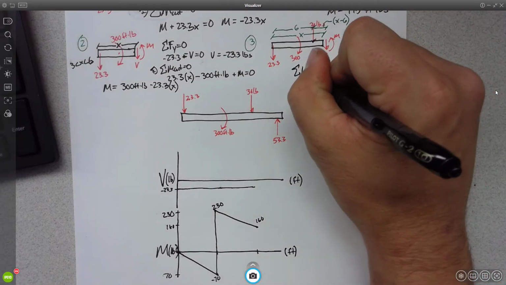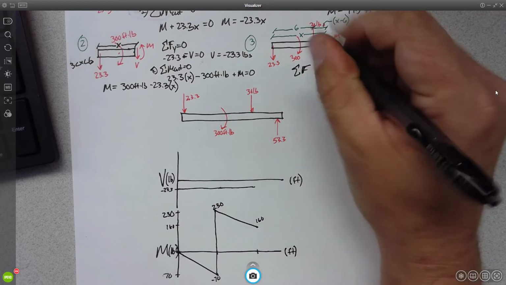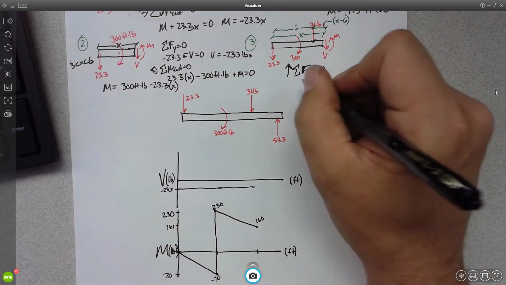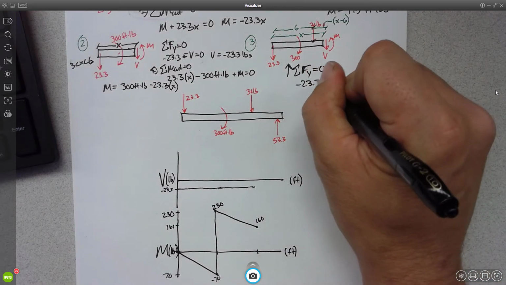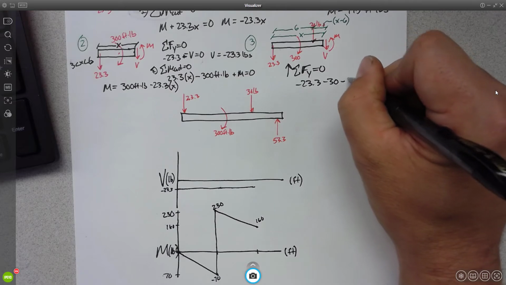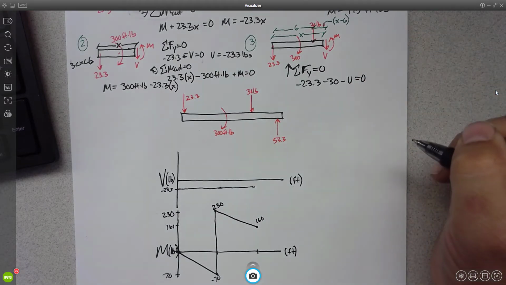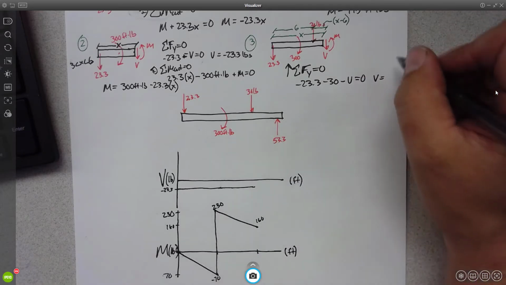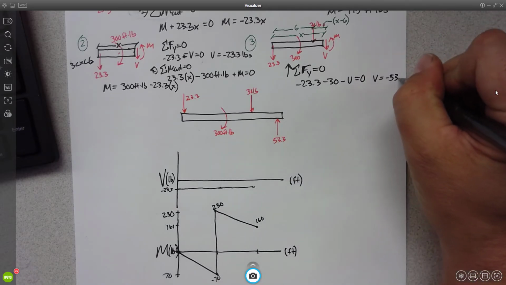So let's sum our forces in the y. We'll have negative 23.3 minus 30 minus v equals 0, which tells me v is equal to negative 53.3.